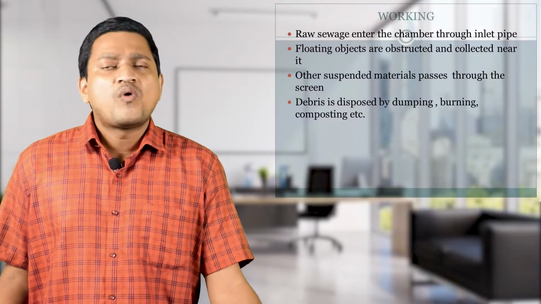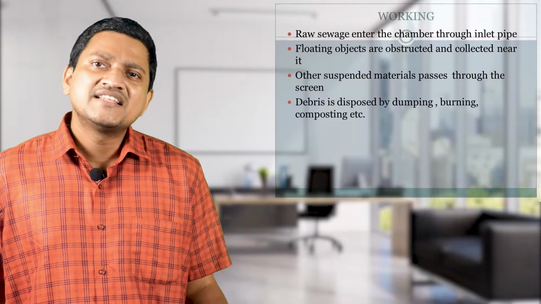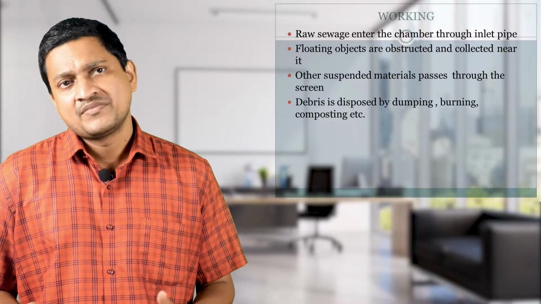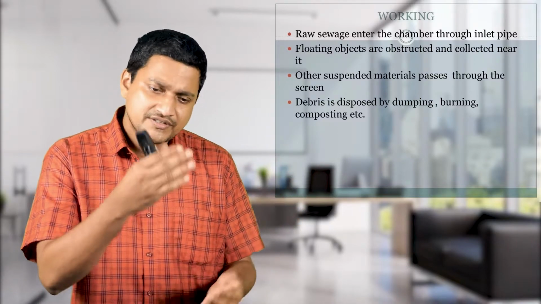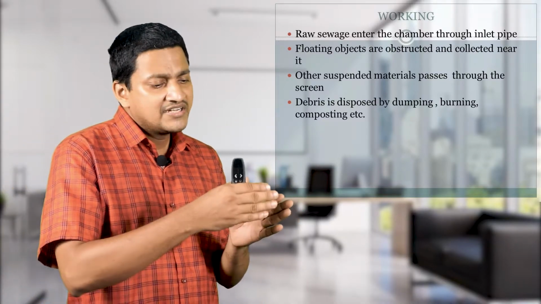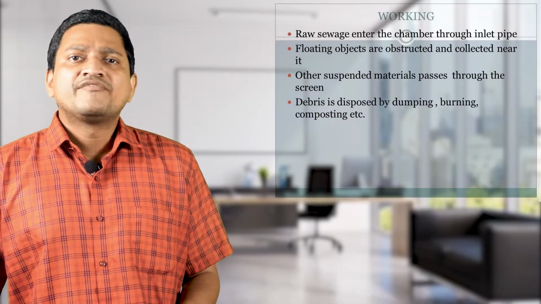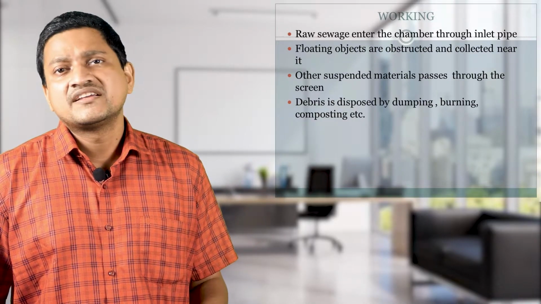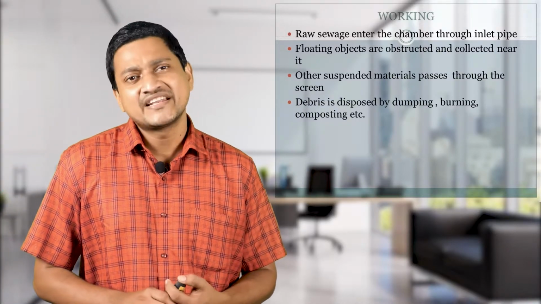Next is the working of this filter. Raw sewage enters the chamber through the inlet pipe. First, the wastewater comes through a pipe and there is a filter. The filter removes the material, and then comes the second step. Floating objects are obstructed and collected near it. Other suspended material passes through the screen.